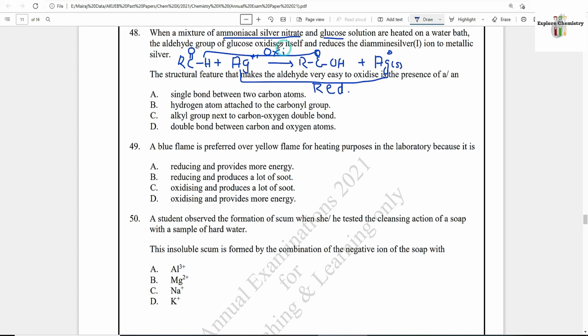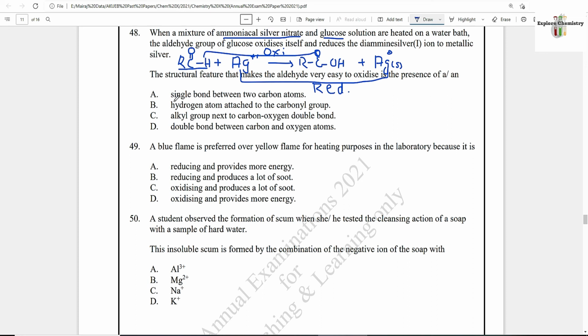This is oxidation. Therefore, aldehyde is the reducing agent and silver in ammoniacal silver nitrate is the oxidizing agent. Aldehyde will oxidize very easily. Why will it oxidize? Where will this oxidation reaction take place? Over here on this hydrogen.